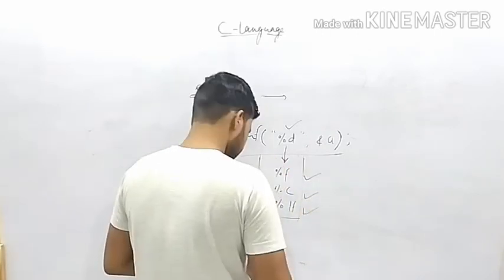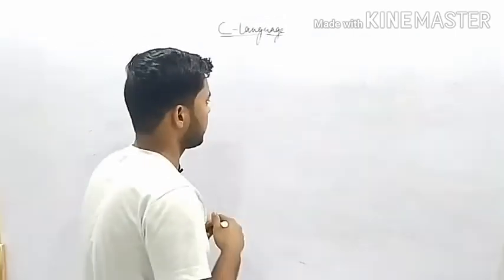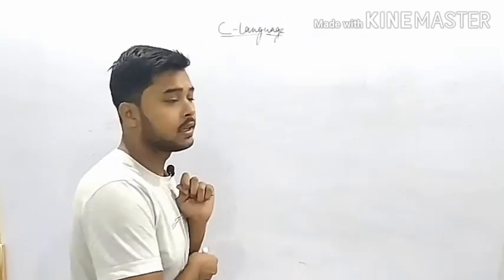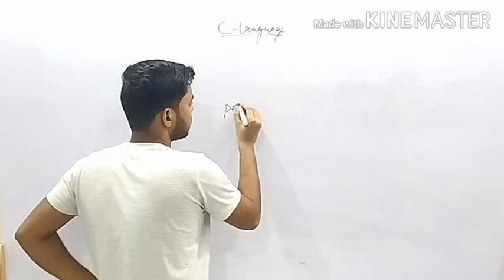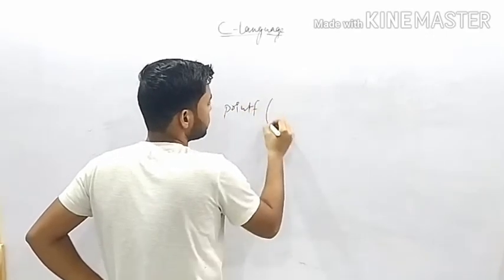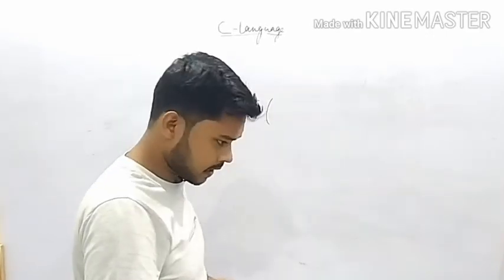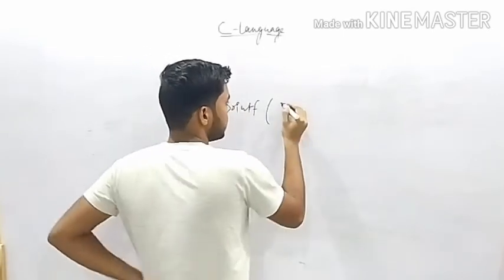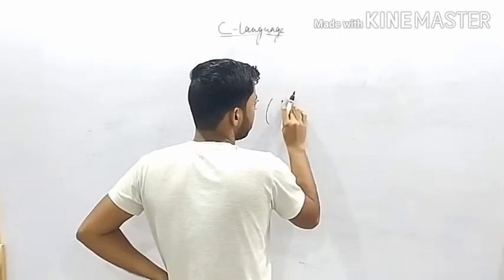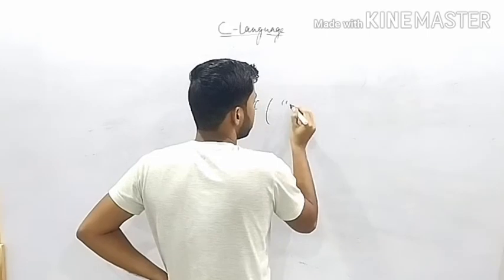In C language, if you want to print something on the screen, we use the printf function. Everything that we want to print, we will write inside the inverted commas.